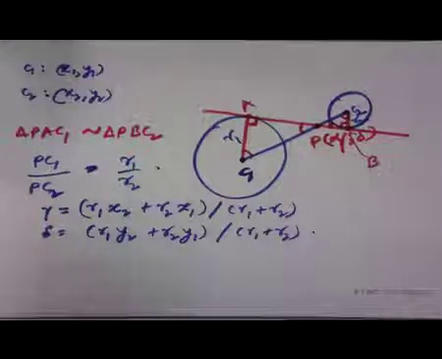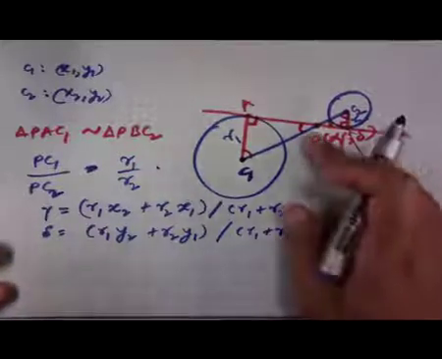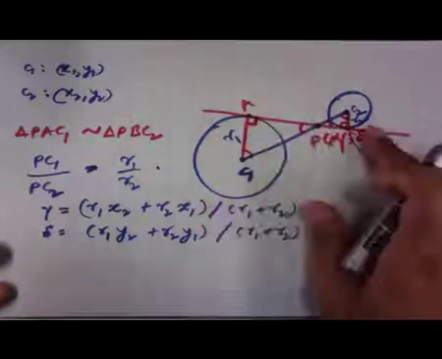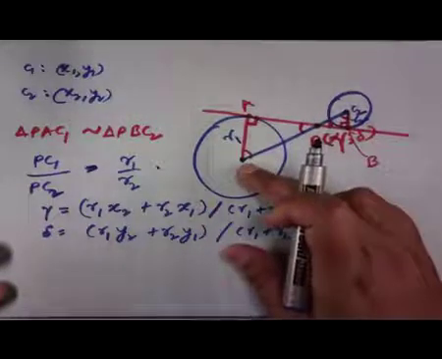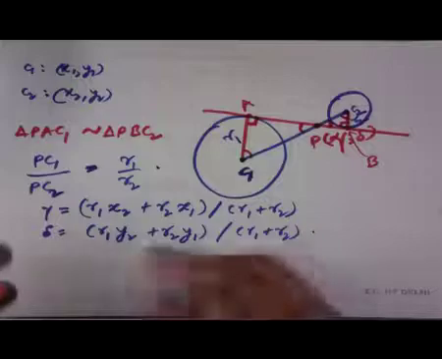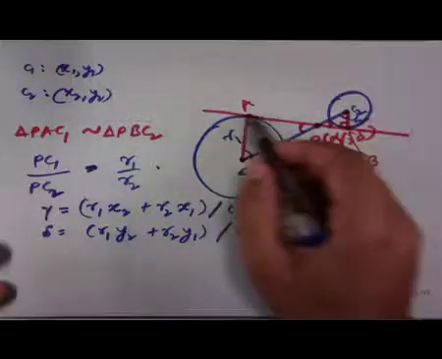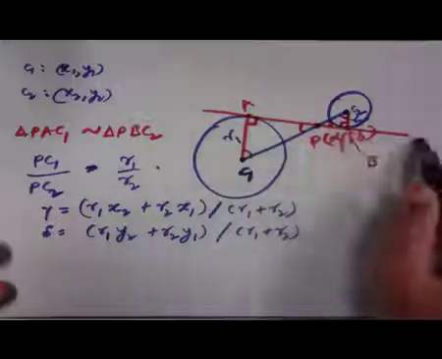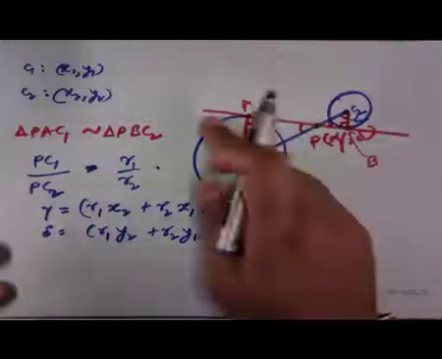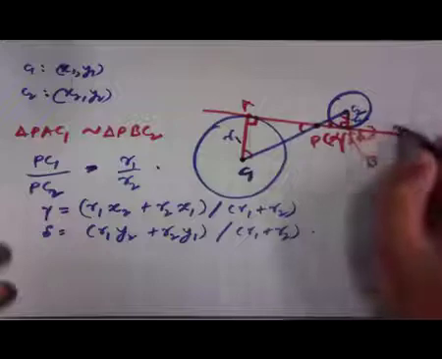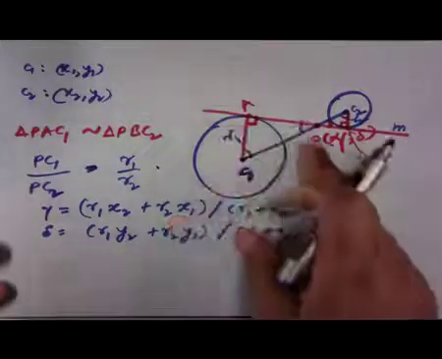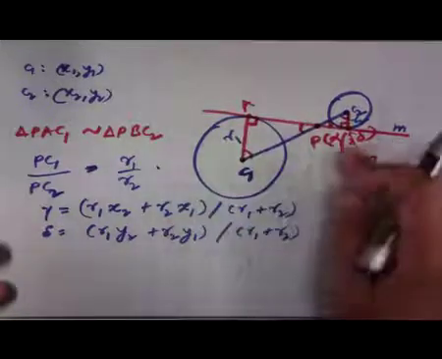Now, given this value of the coordinates of this point of intersection of the transverse common tangent with the line joining the centers of the two circles, we can write the equation of the transverse common tangent. So, let us say that the slope of this transverse common tangent is m, and we know that it passes through this point P with coordinates gamma and delta.